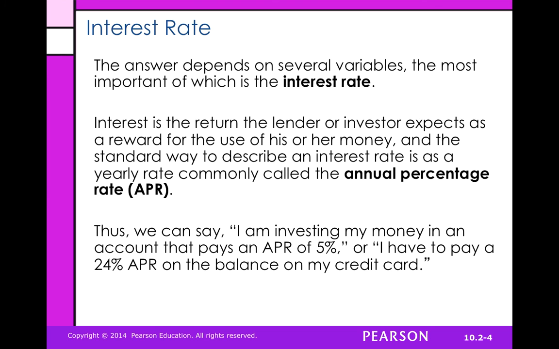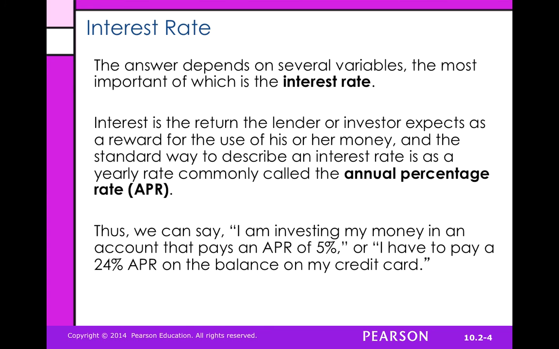The standard way to describe an interest rate is as a yearly rate, commonly called the APR, which stands for annual percentage rate. So you can say things like, I am investing my money in an account that pays an APR of 5%, or my credit card APR is 24%, things like this.